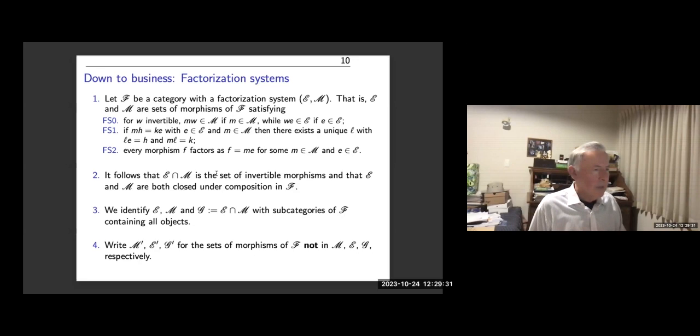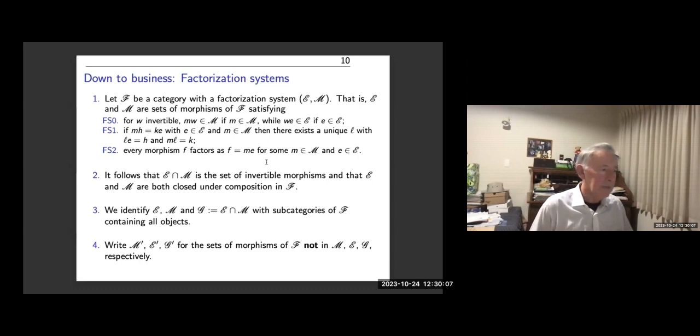And of course, for a factorization system, every morphism should factor as an E followed by an M. I compose in the backhanded way that we compose functions. But it turns out, even though that first thing looks as though you can't compose with an arbitrary M and get an M, it turns out as a consequence that M is closed under composition and so is E. And that the intersection of E and M is exactly the invertible morphisms.